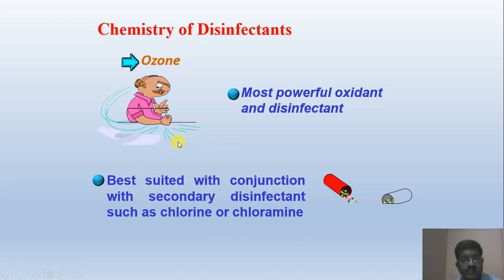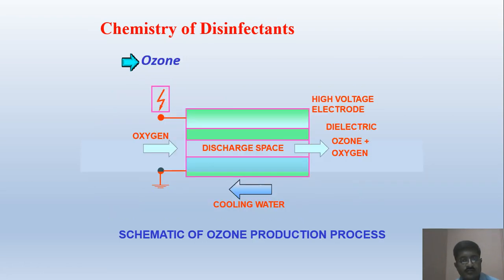Ozonation is a very effective disinfection process. In it, high voltage electrodes are there, then a dielectric process, then the discharge space, and you can see ozone plus oxygen.